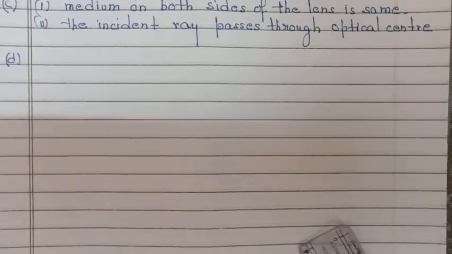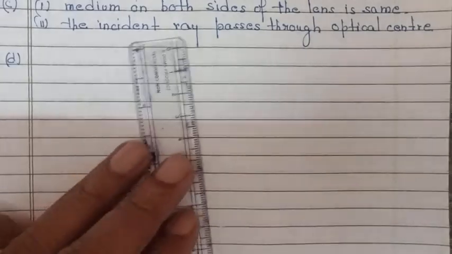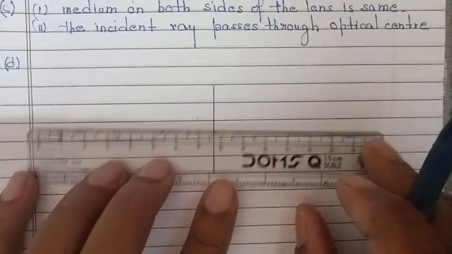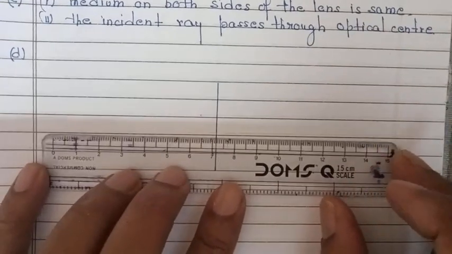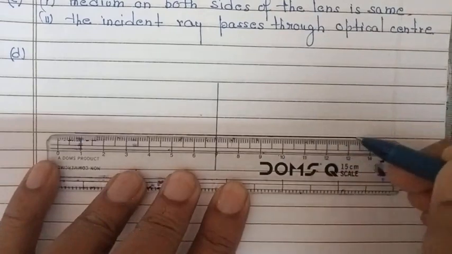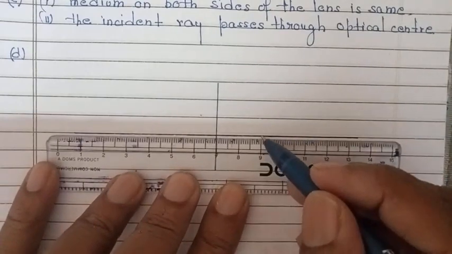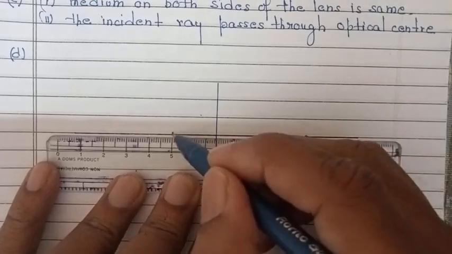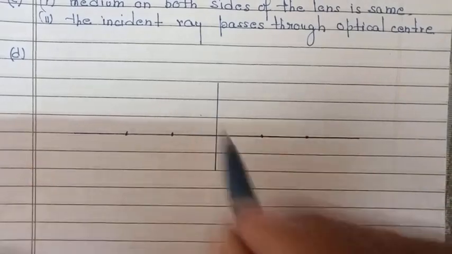So converging lens means the lens should be convex. So we will draw a convex lens. Okay, so let this be the principal axis. Let this be the focus. Focus on both sides will be the same.